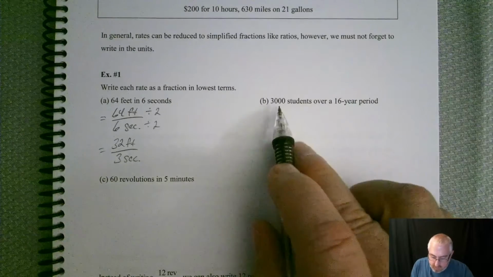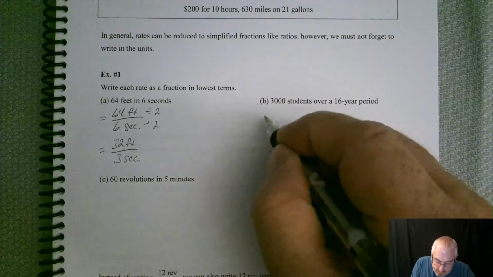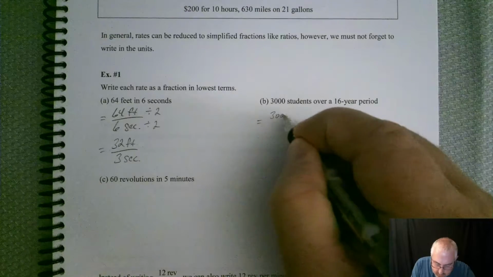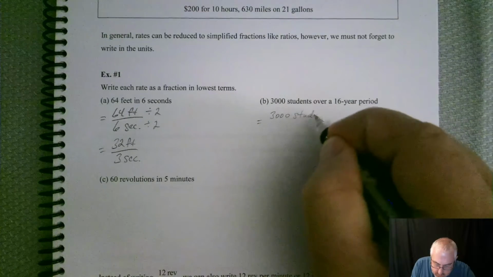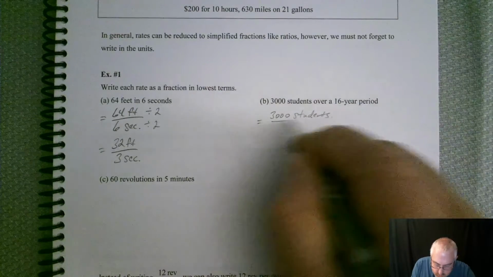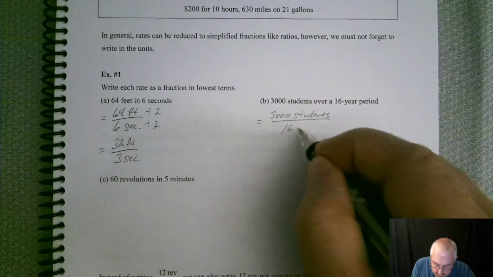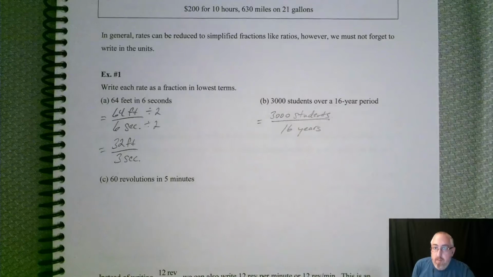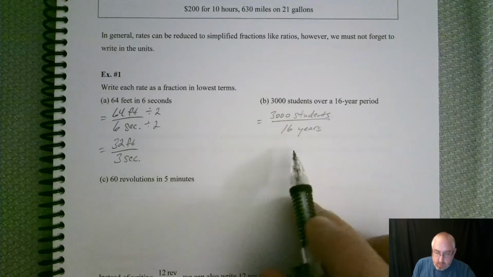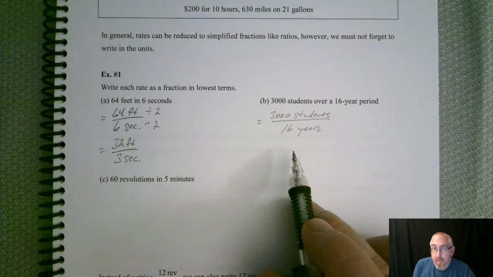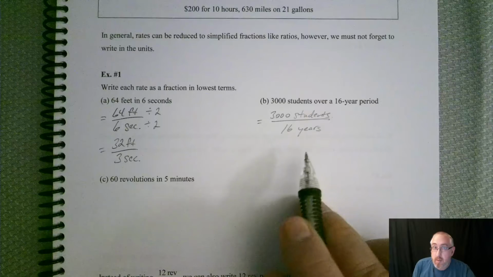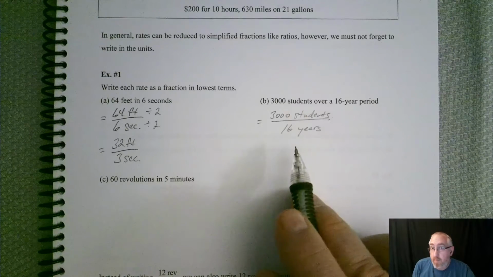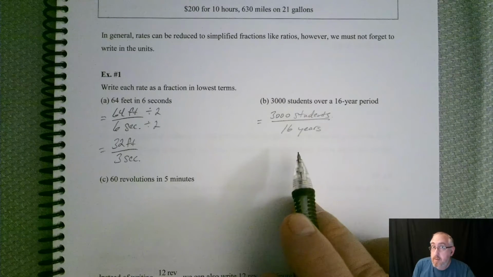All right, if we've got 3,000 students over a 16-year period, so 3,000 students over 16 years. We want to divide out some numbers. What goes into both of those? Well, 2 does. I think 4 does.